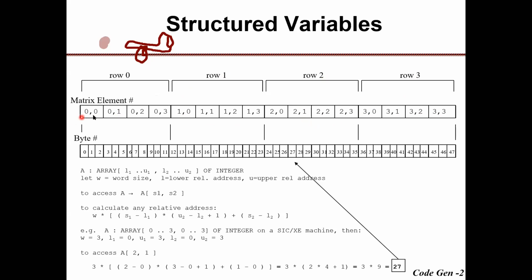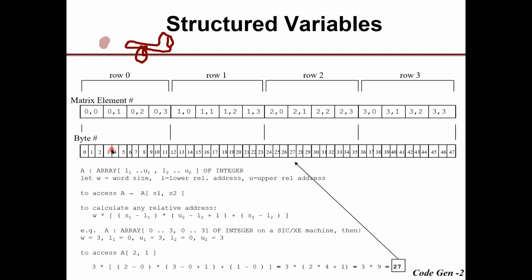Now each one of these is a word wide, so each one of these is 3 bytes. So 00 is bytes 0, 1, 2. 01 is bytes 3, 4, 5. This 02 is 6, 7, 8, and so on.